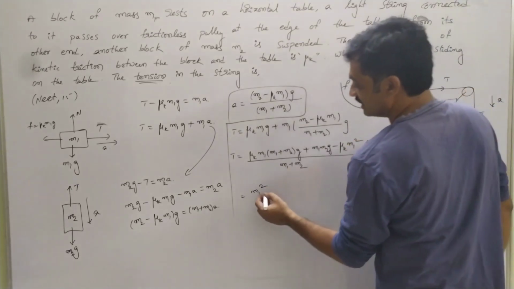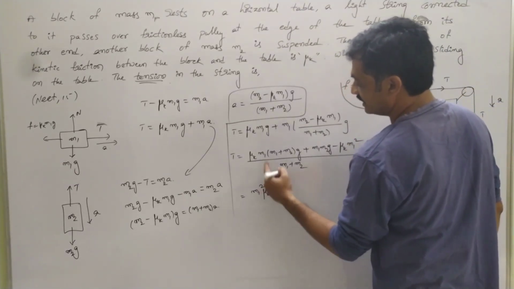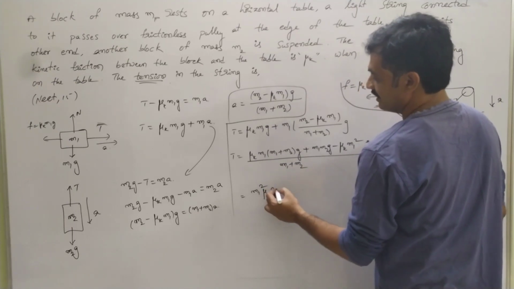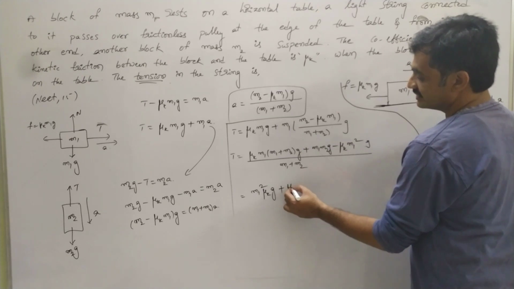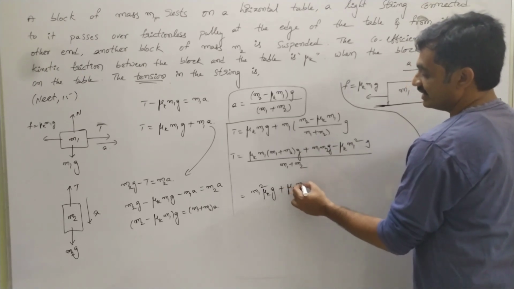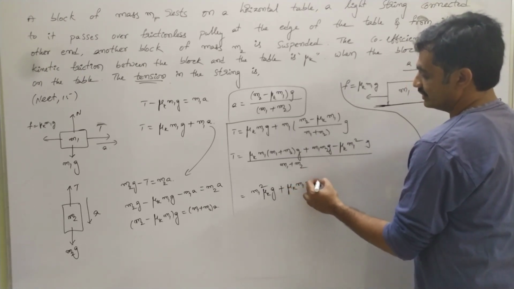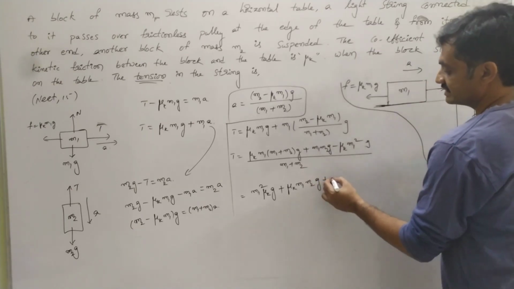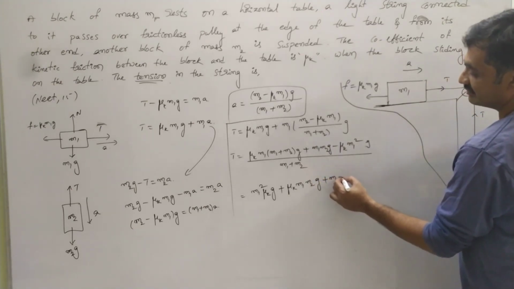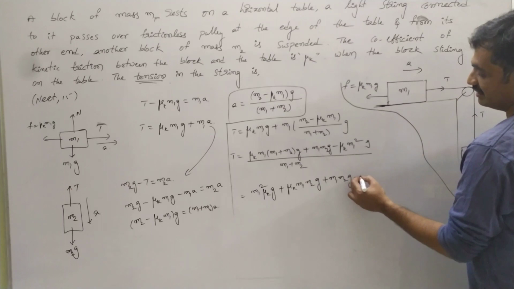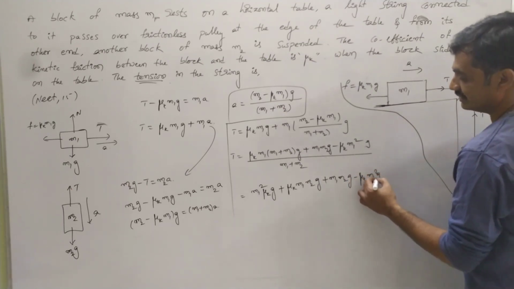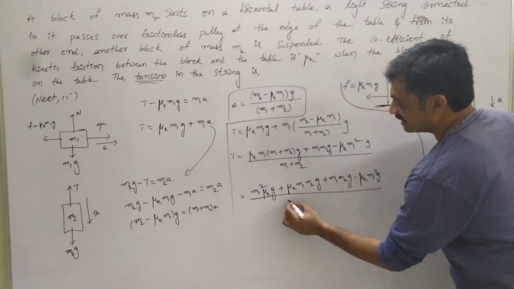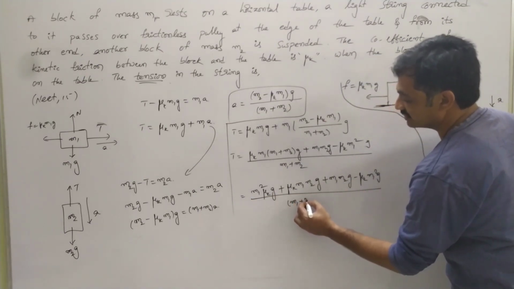Then here observe that m1 square mu_k into g plus mu_k m1 m2 into g plus m1 m2 into g minus mu_k m1 square into g, by (m1 plus m2).